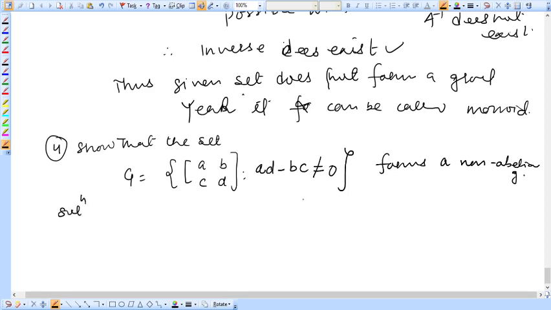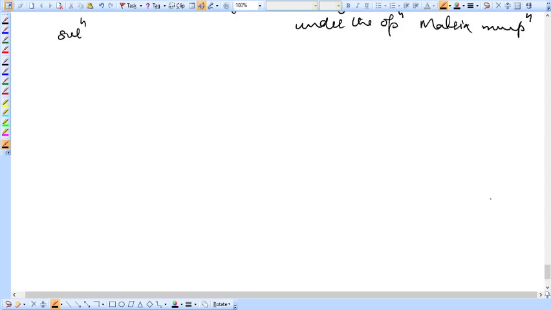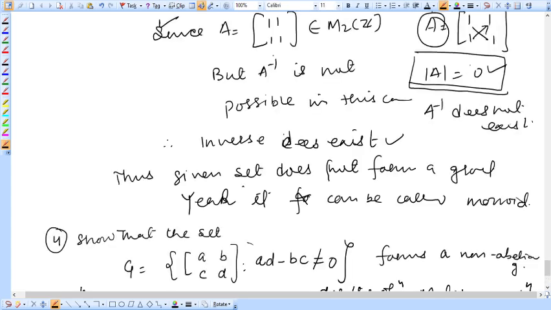So you see here solution in this case. Operation here is under the operation matrix multiplication, right? So solution here, given set is let G is equal to ABCD. Okay, fine. Where we just forgot to write something here. We didn't specify what A, B, C, D are.